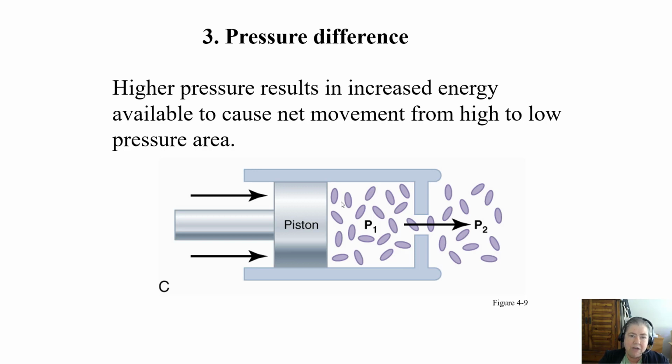A third thing is the pressure difference. If there's a higher pressure, then there's an increased energy to cause net movement from a high pressure area to a low pressure area.